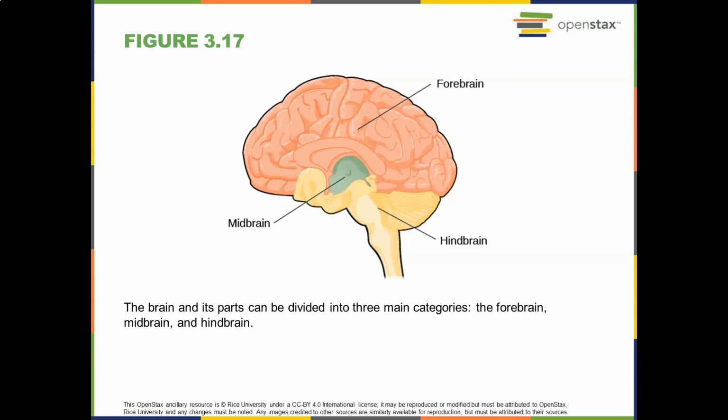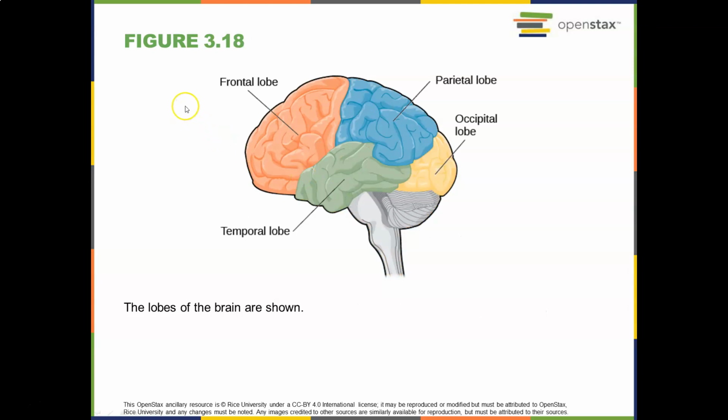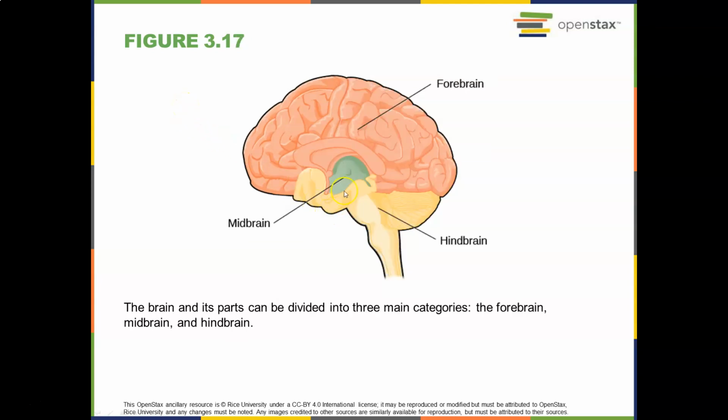Okay, and neuroscientists call certain areas of the brain by different names. This whole area right in here is called the forebrain. Then there's this little area in green, which is called the midbrain.